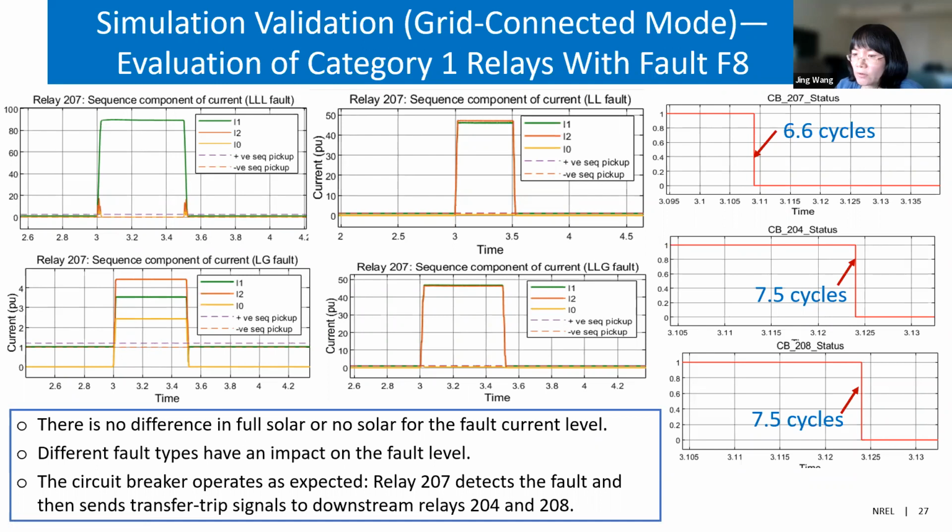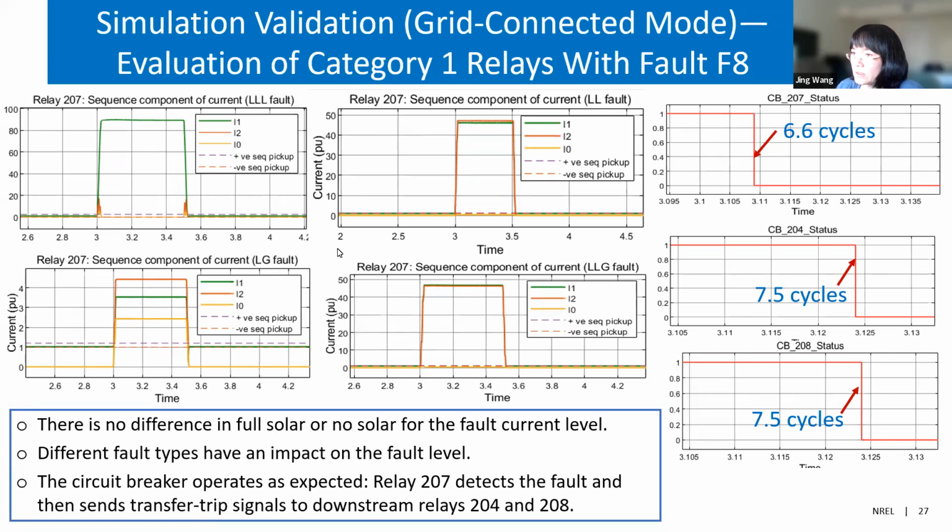So there's no difference in full solar, low solar, or very little solar scenarios. And the different fault types have a big impact on fault level. For example, in this 3-phase fault, you have really high positive sequence current, but for the line to ground fault, you can have much lower fault current level. So you can see the fault type impacts the fault current level.